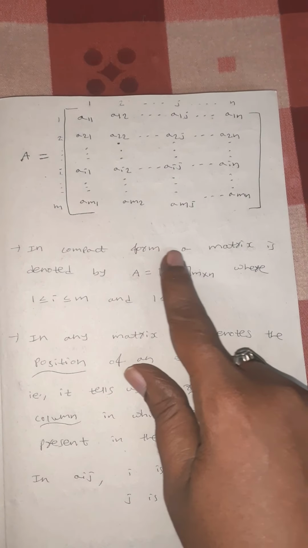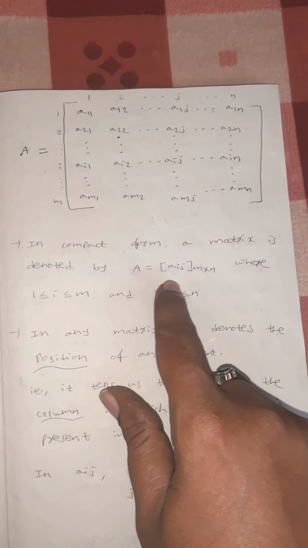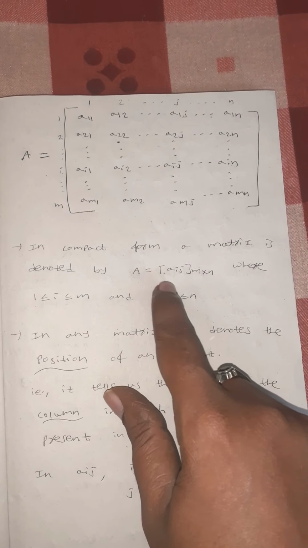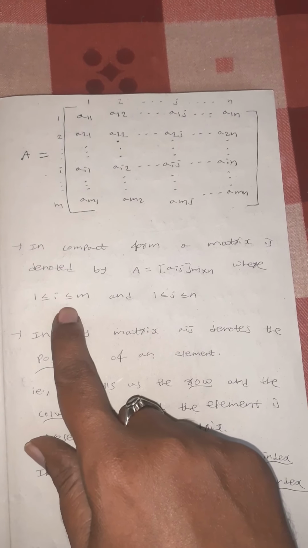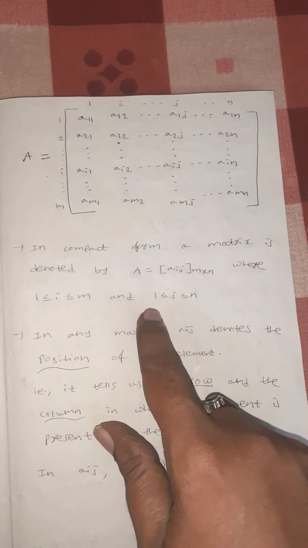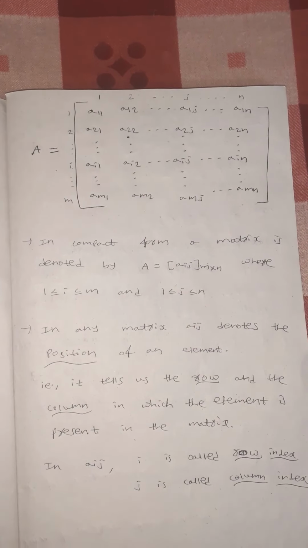In compact form, a matrix is denoted in the shortest way as A is equal to square brackets Aij, m by n, where 1 is less than or equal to i less than or equal to m, and 1 is less than or equal to j less than or equal to n.